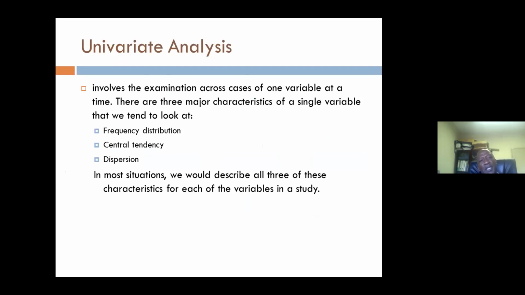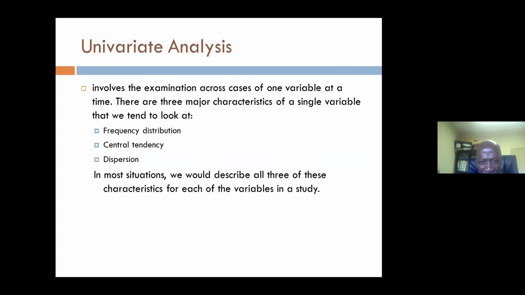The most basic descriptive statistical analysis that we can deal with is univariate analysis. Univariate is from one, that's one variable. When you are looking at univariate analysis, you're basically trying to understand what characterizes a specific single variable.